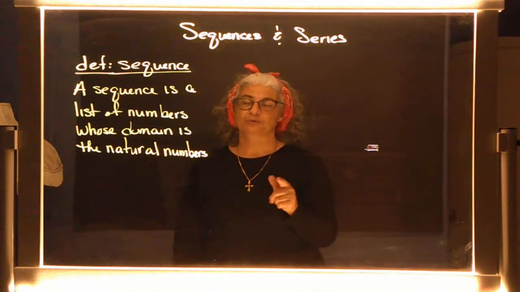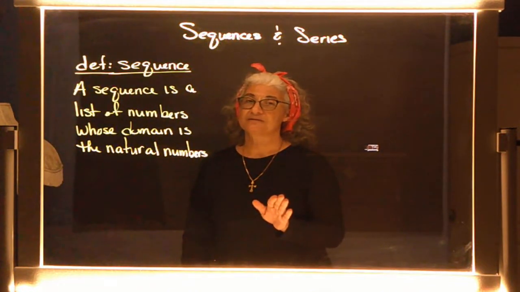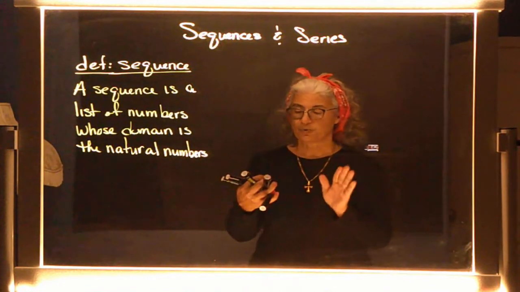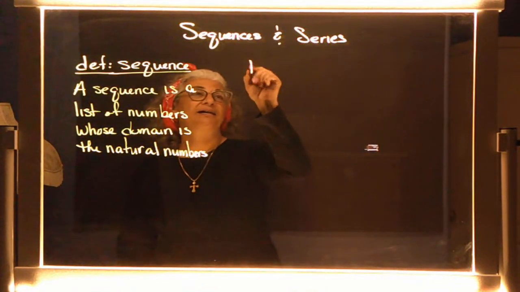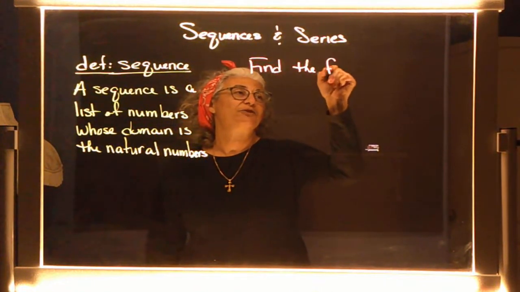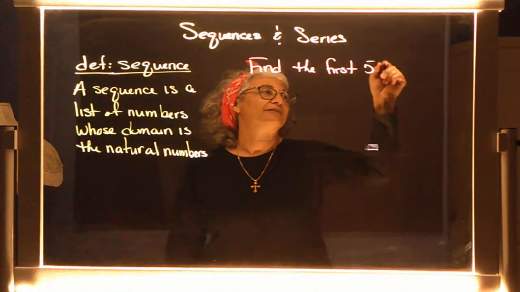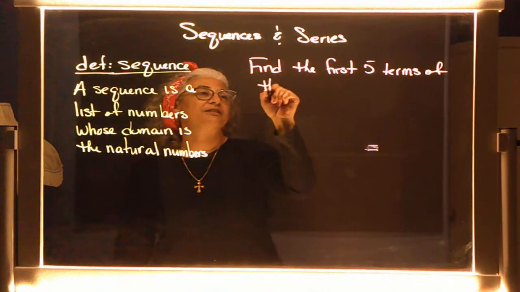Got it? Okay, so don't think too deep on this. We are going to go straight into an example, and the examples are asking us to find the first 5 terms of the sequence.